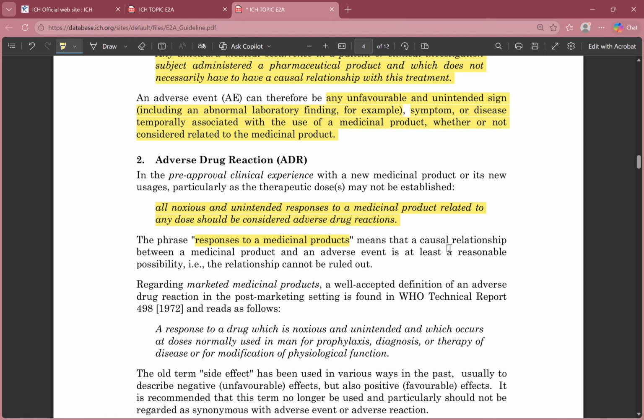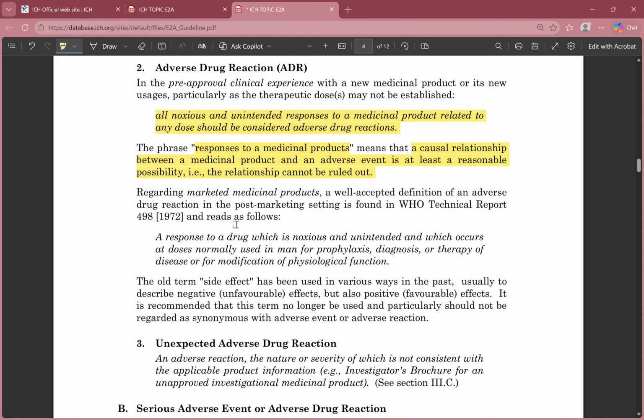It means that a causal relationship between the medicinal product and the adverse event is at least a reasonable possibility. That is, a relationship cannot be ruled out. That is what differentiates adverse event and adverse drug reaction, right? Adverse drug reaction is something in which there is a causal relationship between the medicinal product and an adverse event.